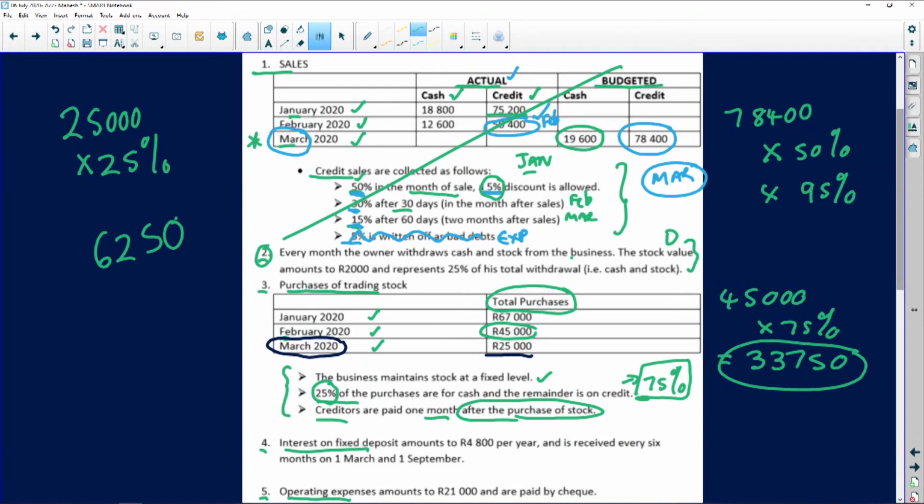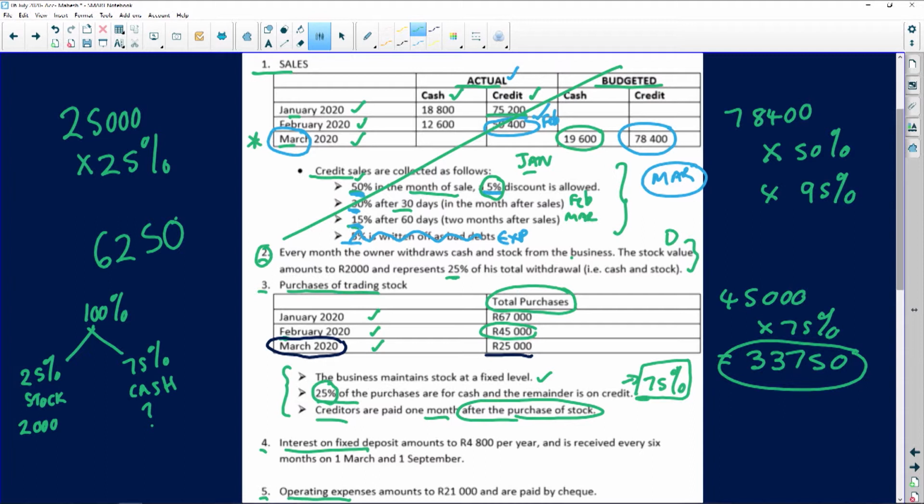The focus is how much cash he is taking out of the business. So let's assume his total, not assuming, guys, his total that he takes is obviously 100%. From the info given, 25% represents stock, and that figure is given to me as 2,000 Rand. The balance, 75%, is the cash, and clearly this figure is not given.